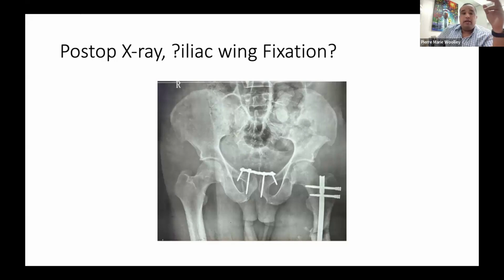Even if you do an ASIS screw fixation, like you would do for an ASIS osteotomy, you could always do that, being a bit worried about the nerve further down, and just put 1 screw to keep that in place. That would be good if it's an acute setting, less than a couple of days out.